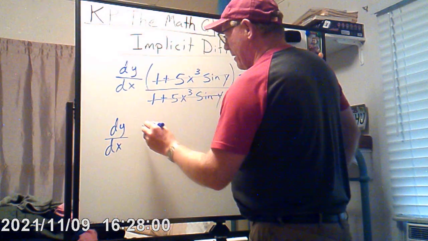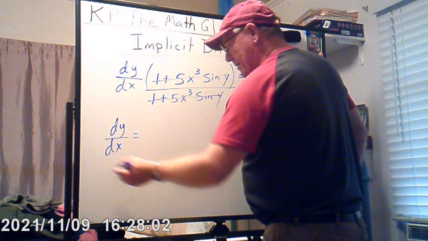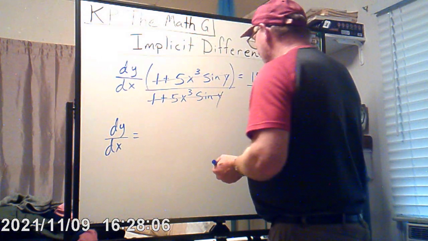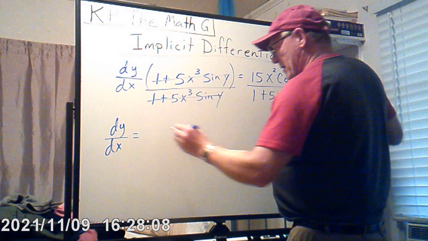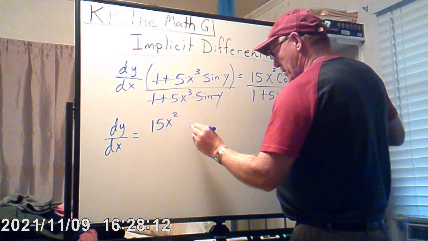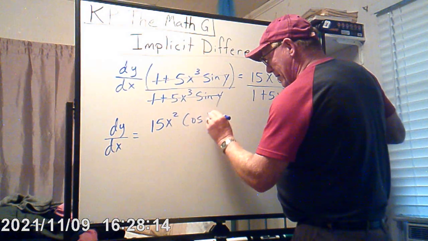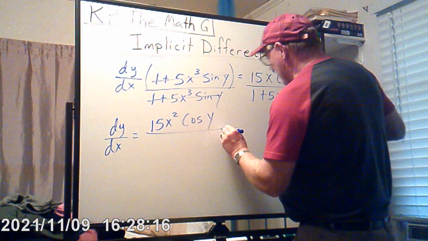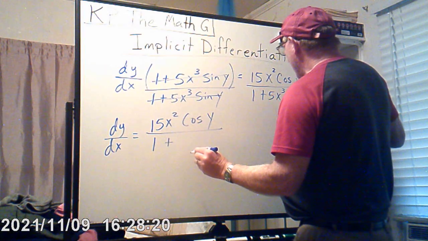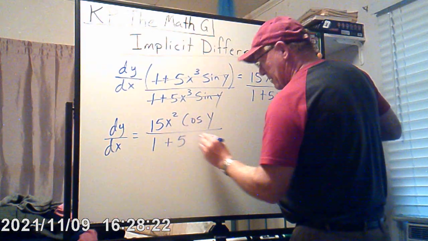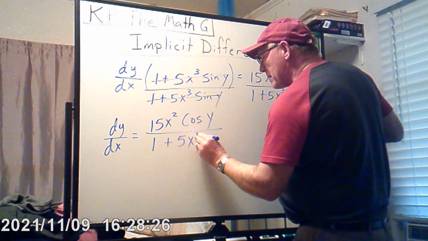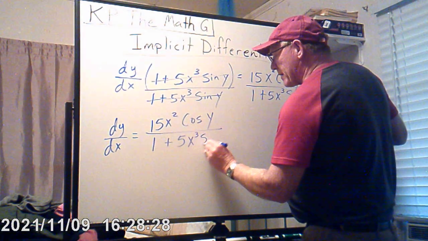Now that equals, that is our derivative. That's what we just found. Here it is: 15x squared cosine y over 1 plus 5x cubed sine y.